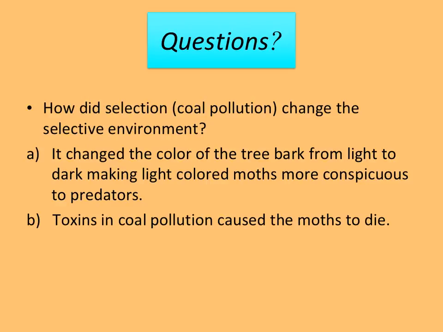Since the coal dust turned the tree trunks dark, the selective environment now has changed. The birds could only see the ones that had the light morph compared to the dark morph. So in this case, A is the correct answer. So the selective environment changed.